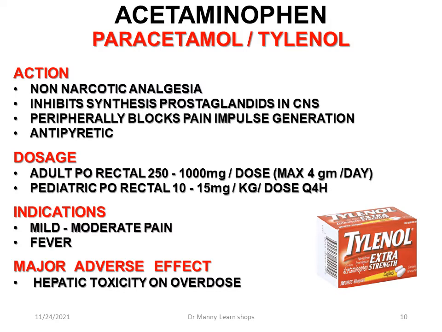The dosage is typically 250 to 1,000 milligrams, maximum 4 grams per day, and in pediatrics 10 to 15 milligrams per kg per dose 4 hourly. The indications are for mild to moderate pain or if you have a fever. The adverse effect could be, in overdose proportions, hepatic toxicity.